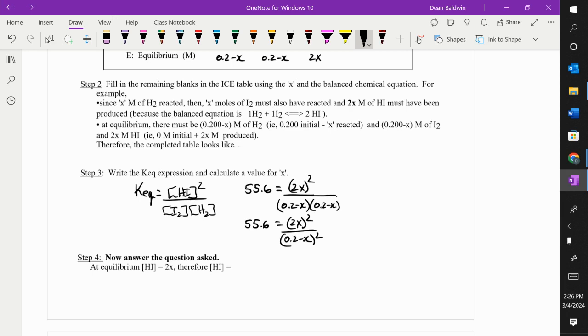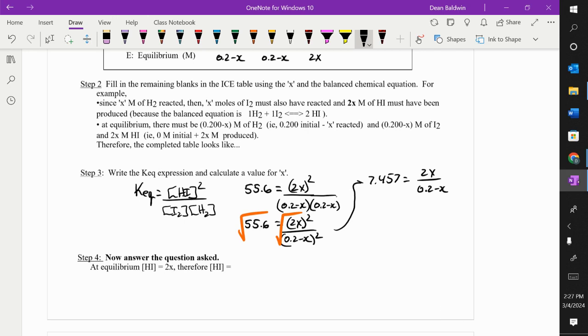If you square root both sides, the square root of 55.6 is 7.457. If you square root the right-hand side, what do you get? 2X over 0.2 minus X. And now it's just a grade 9 algebra problem.